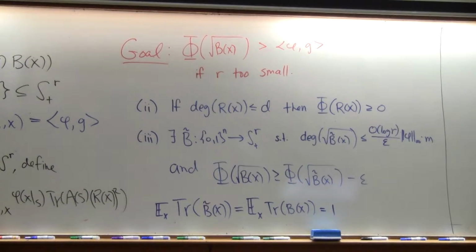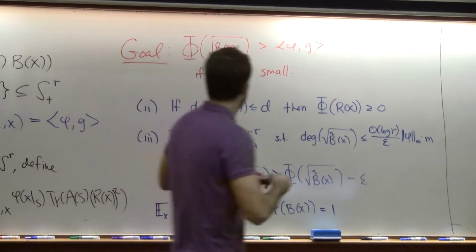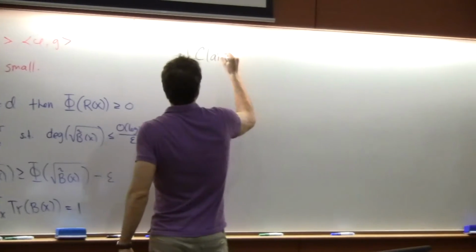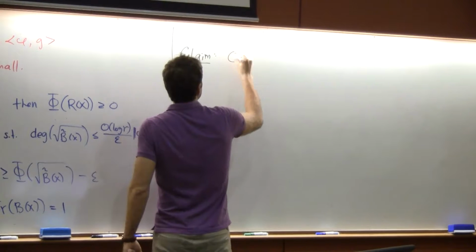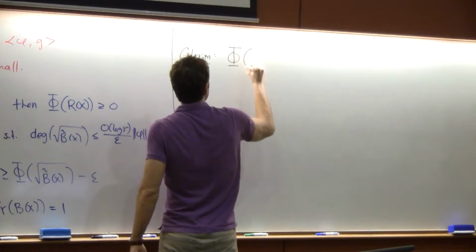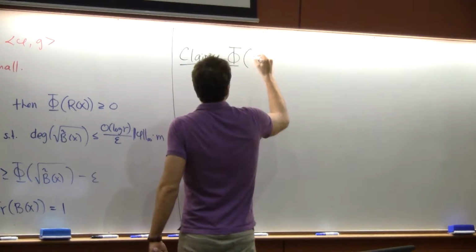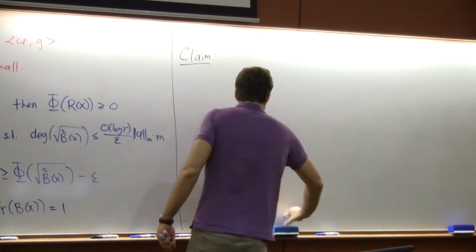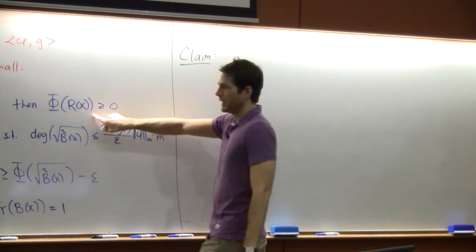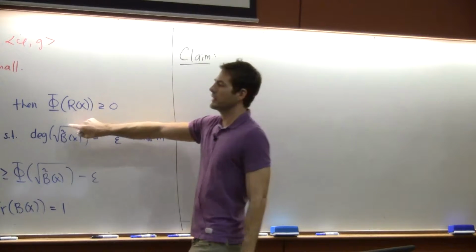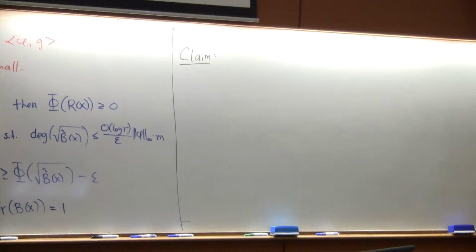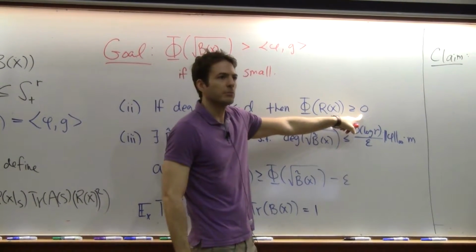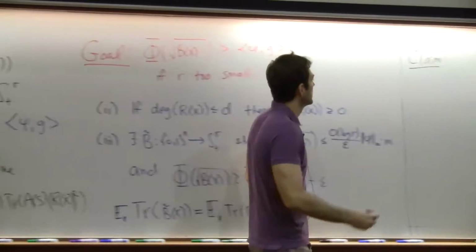Okay, so now the final goal, which completes everything, is to prove that phi... So it's basically to prove a stronger version of this, something which assumes a weaker degree bound on R and manages to get something which is not 0 here, but something minus something very small.